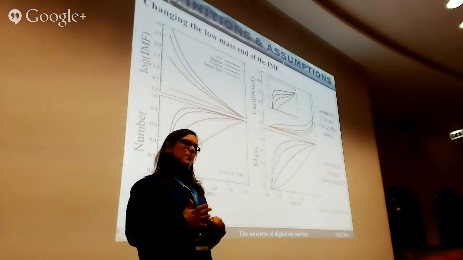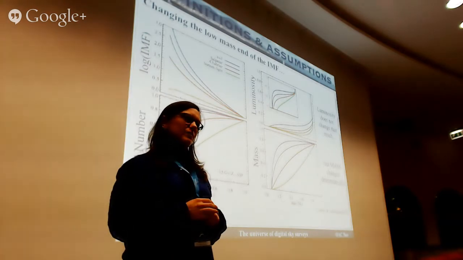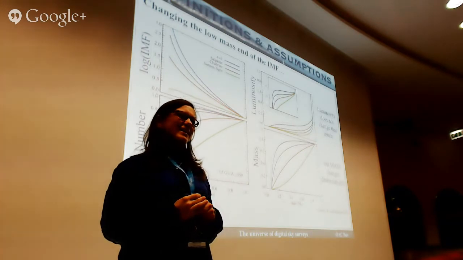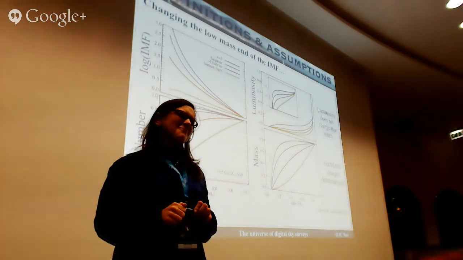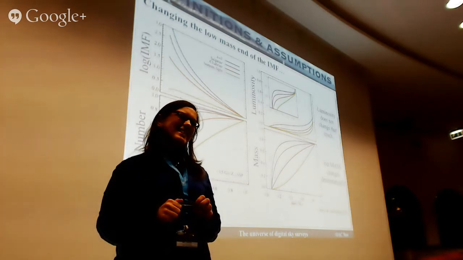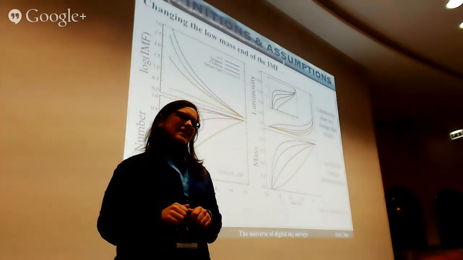Okay. Thank you. This was an excellent talk, but I would like to issue a complaint. I mean, this is not a problem with the IMF. Nobody has ever said that the IMF at masses lower than 1 solar mass is universal. This is a problem with you guys that make models and assume that this is the case. The IMF, as we know it, is universal for masses bigger than 1 solar mass.